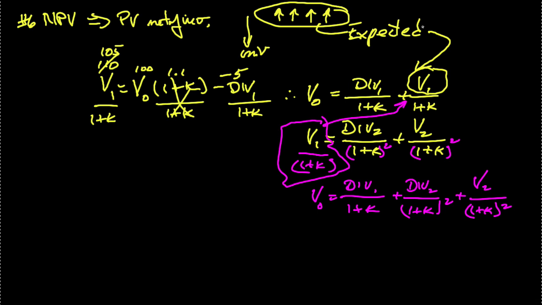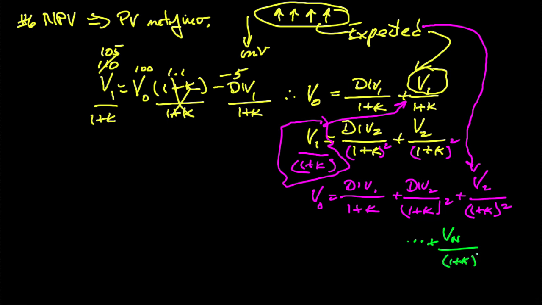And again, this is expected. Now you can obviously just continue this out, and what you normally see is a formula that looks like this, only you'll see dot, dot, dot, and then usually you'll see plus the value at the nth period, maybe 10, divided by 1 plus k to the nth. And then if you keep on going forever, you'll see the dot, dot, dot, and it just keeps on going.